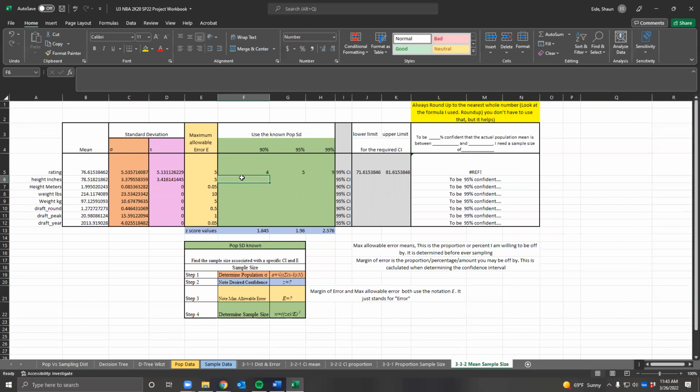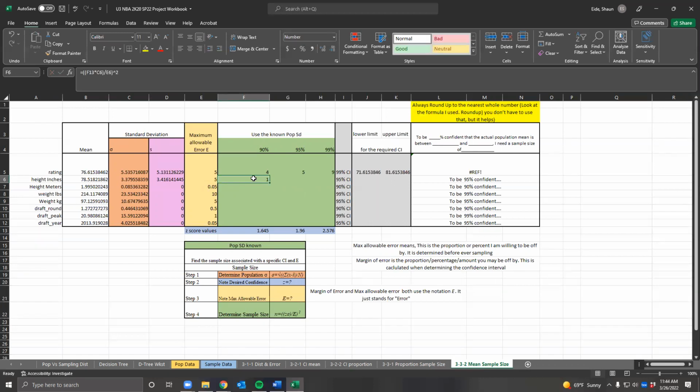So let's look at the height in inches. We've got the maximum allowable error, but determining the sample size, the z-score of 1.645 multiplied by the population standard deviation, then divided by the maximum allowable error, and then raised to the second power, which gives us a sample size of 1.